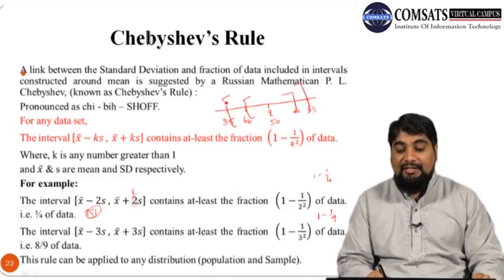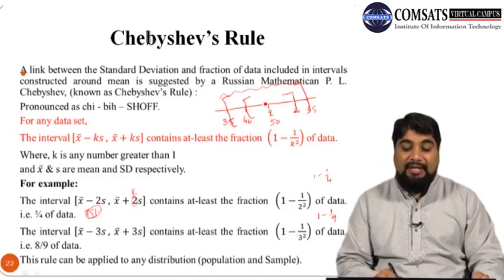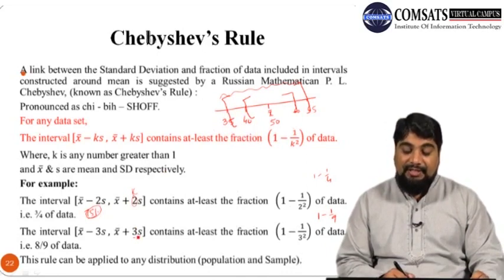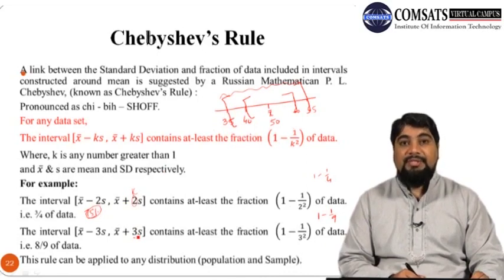So you can see that this interval is comparatively wider. Why? Because this s is being multiplied with the bigger number. So it will contain 8 over 9, about 89%, of the data.